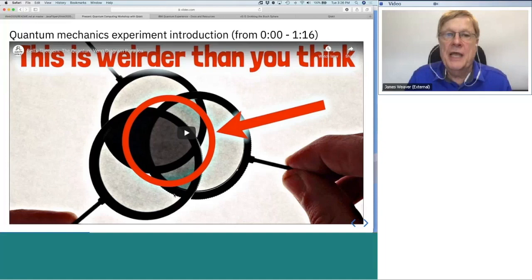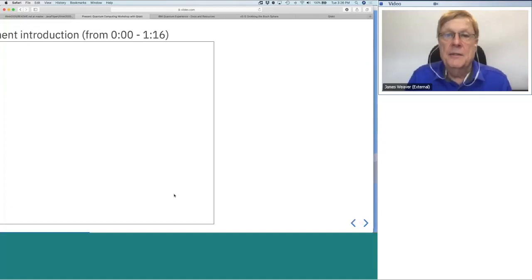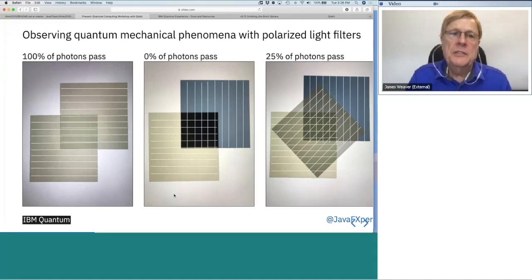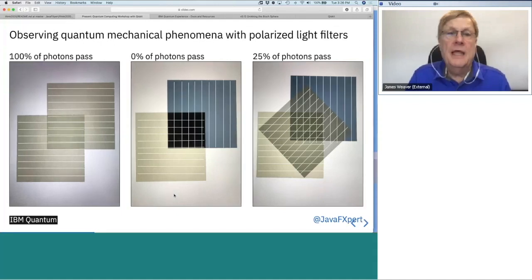Here's a video by 3Blue1Brown that talks about that. The idea is essentially that if you have a couple of light filters or 3 light filters and they're polarized, depending upon the way that you position them, either 100% of the photons, which are quantum particles, will pass, or 0%.